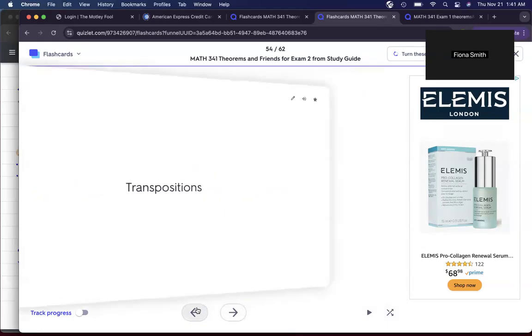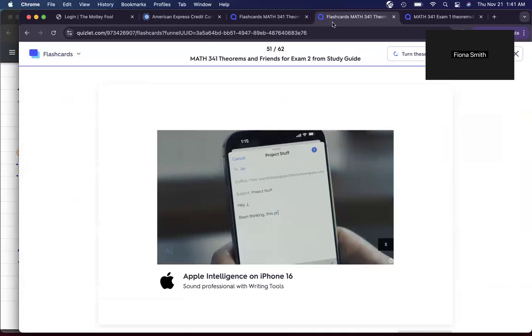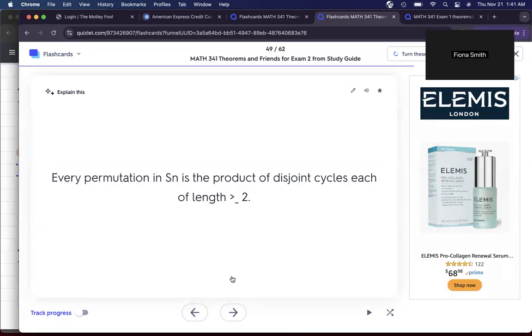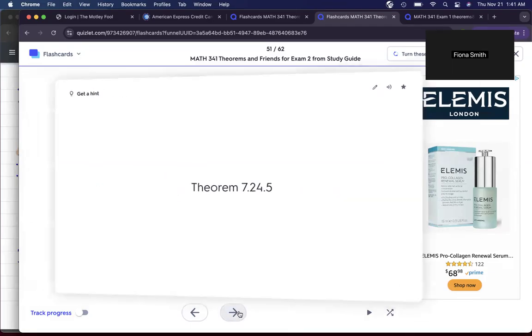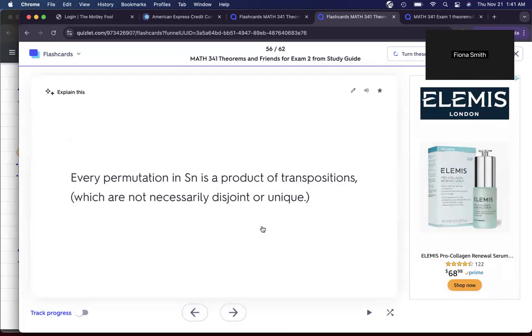So not only can you write a permutation as the product of disjoint cycles with lengths 2 or greater, you can write permutations in Sn as a product of transpositions.